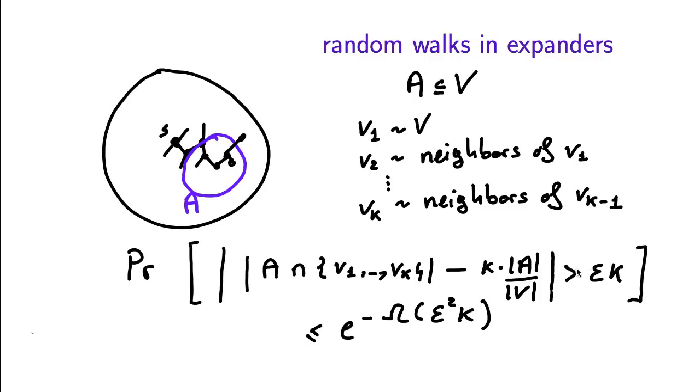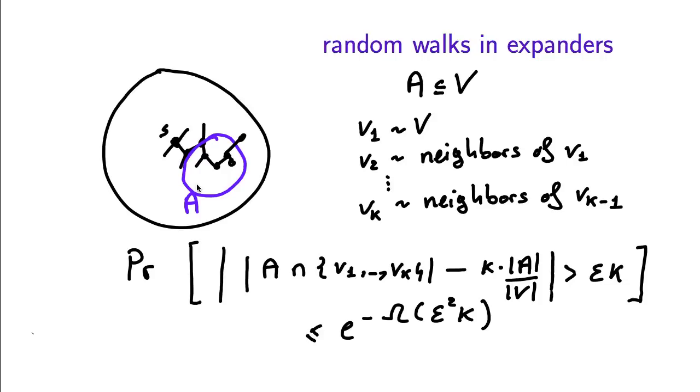But really all that we need from those elements is that they satisfy a Chernoff bound pretty much of this form. So in such cases, instead of generating elements uniformly and independently at random, it's possible to generate them through a random walk in an expander.